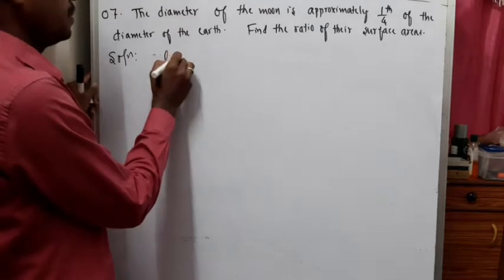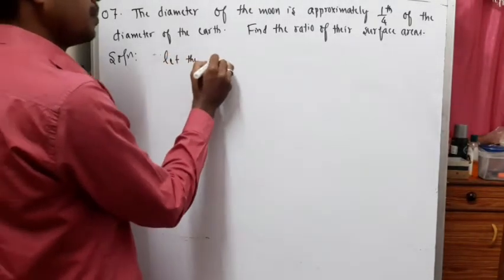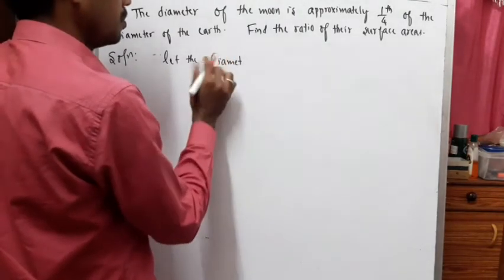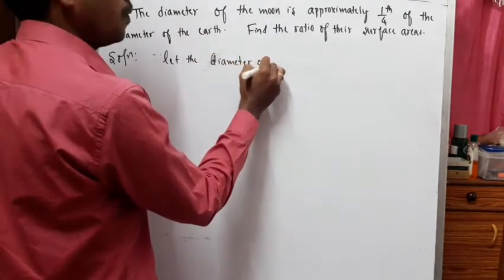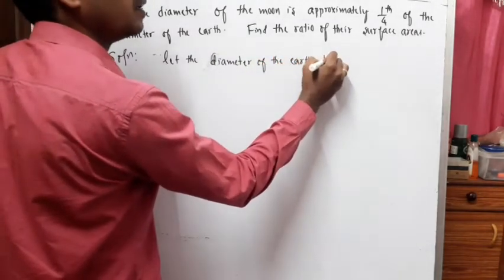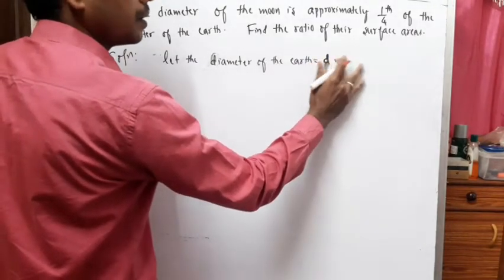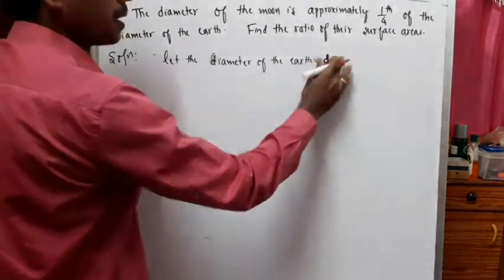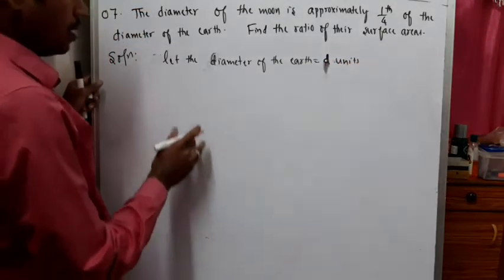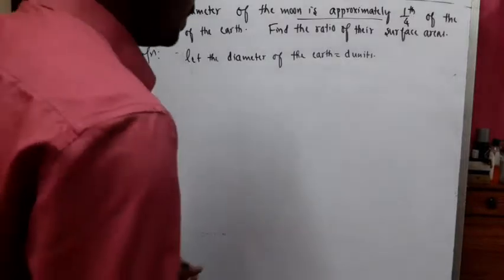Let the diameter of the earth be d units. Okay, then what we have written, let the diameter of the earth is equal to d units.